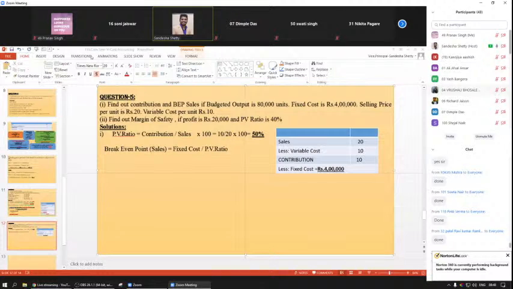Fixed cost is 4 lakh divided by PV ratio, which is 50%.